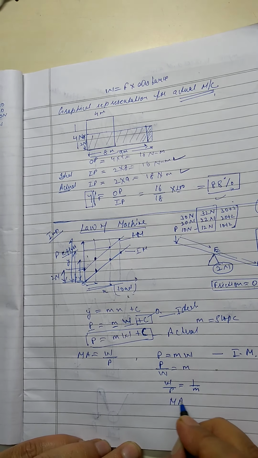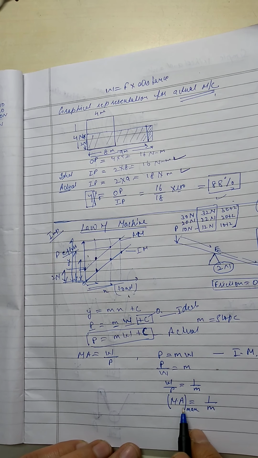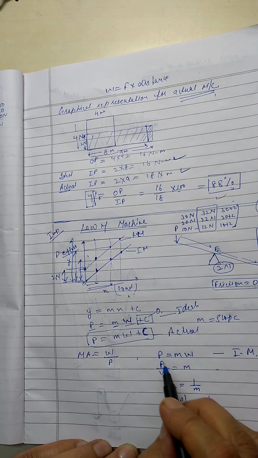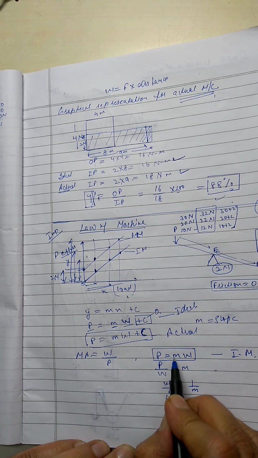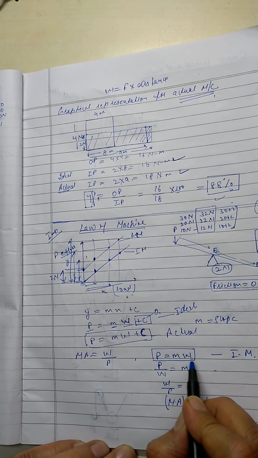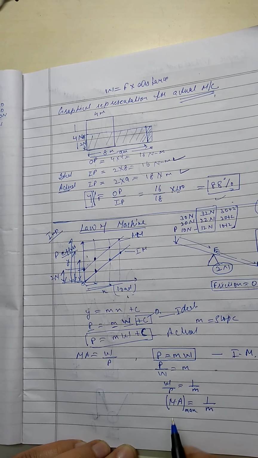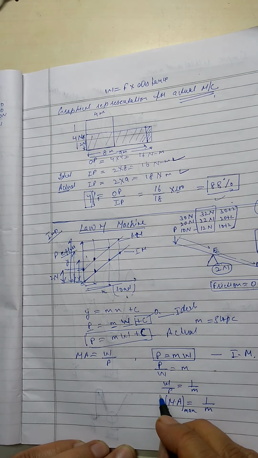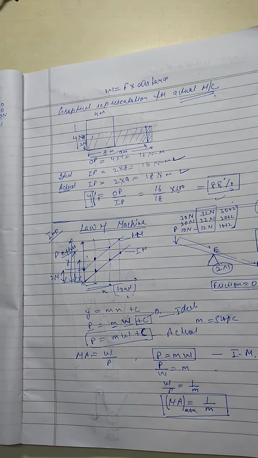So mechanical advantage is equal to 1 upon m, and this will be the maximum mechanical advantage, as we have derived it on the basis of the equation of an ideal machine in which C was 0. So for an ideal machine, whatever mechanical advantage comes, that is the maximum mechanical advantage, and the formula for the maximum mechanical advantage will be 1 upon m.